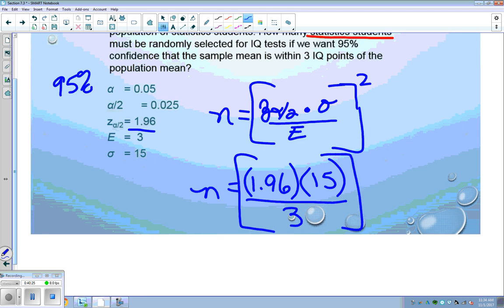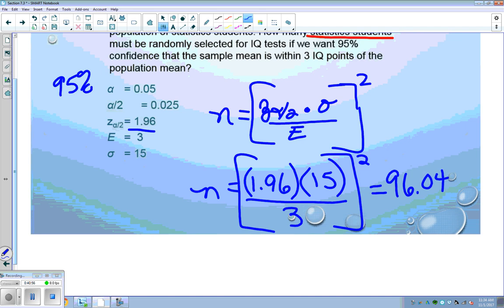Then I'm going to take this whole thing and square it. That gives .04.